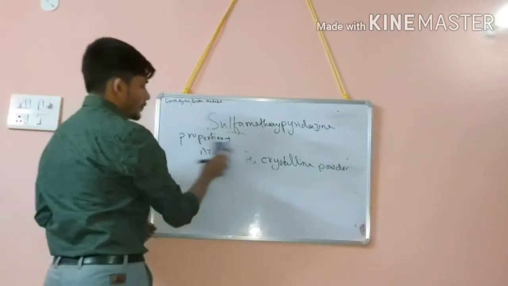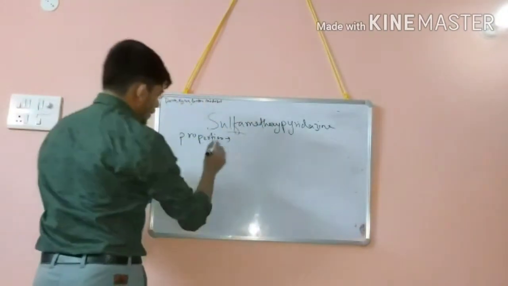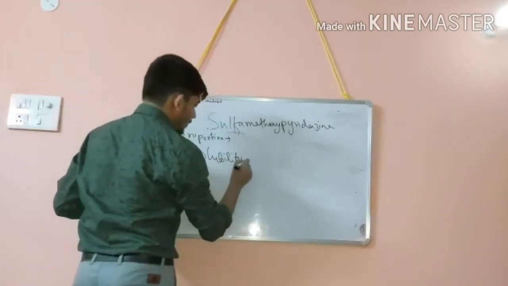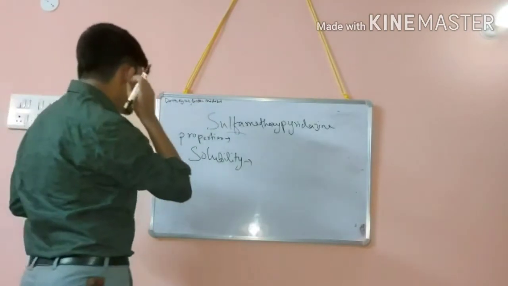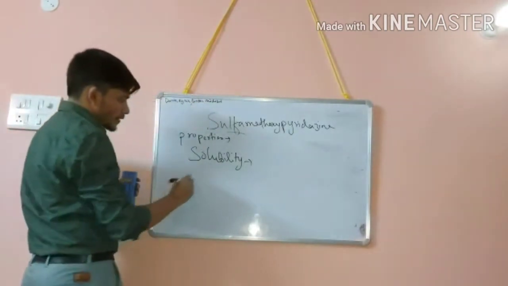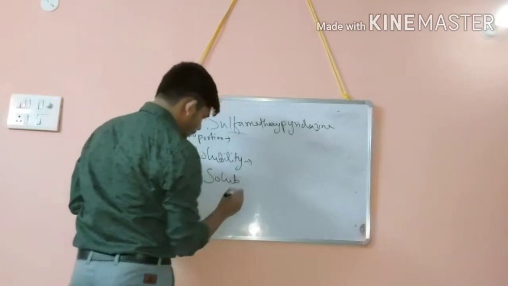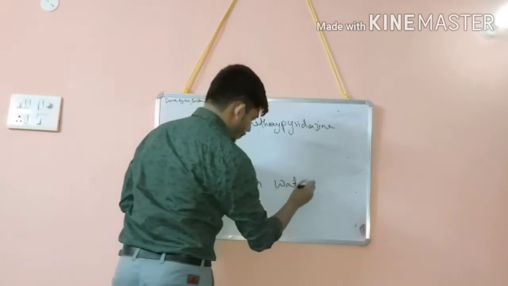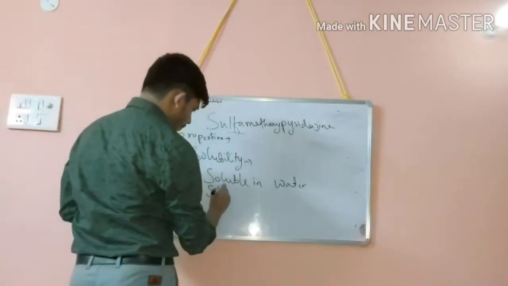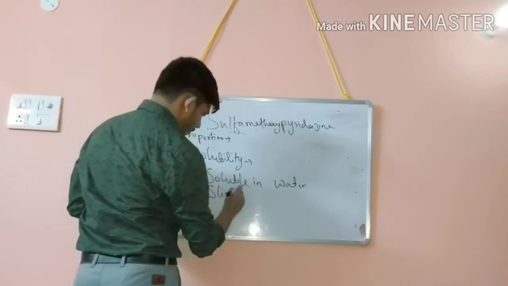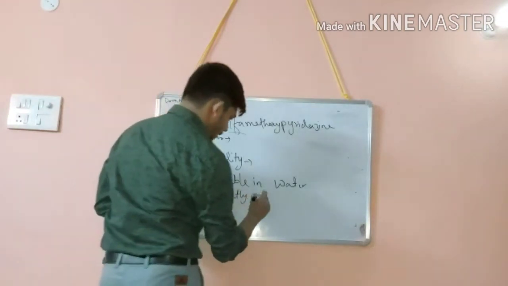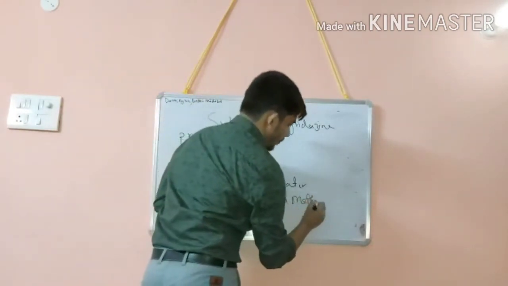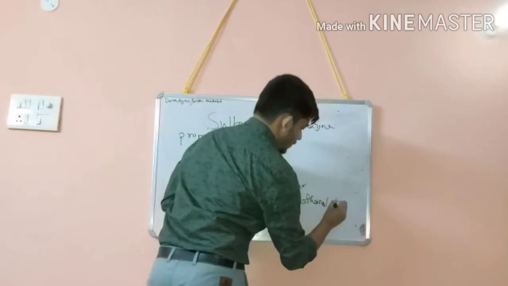Another property we will see is solubility. Every compound has a solubility profile, that is, the solvents it mixes with. First, it is soluble in water, then slightly soluble in methanol, that is, in alcohols mainly, methanol and ethanol.